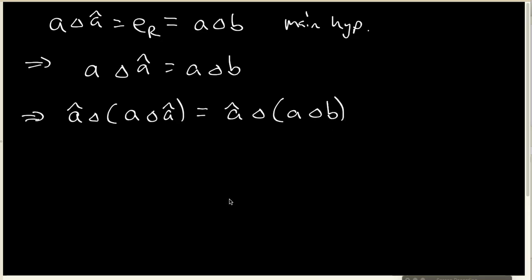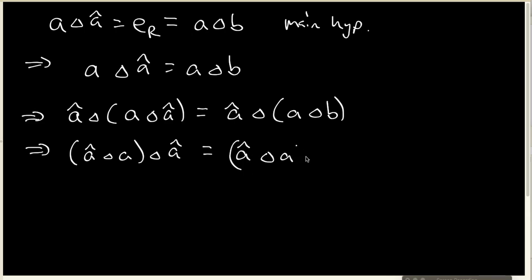Now we are in a group, and consequently we can move those parentheses around, and I'm going to rewrite this equation as parenthesis A hat triangled with A, triangled with A hat, and over here as parenthesis A hat triangled with A, triangled with B. And this is by associativity, or in other words, axiom 2.